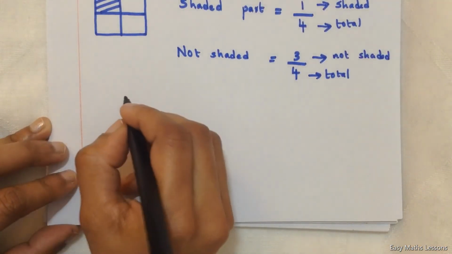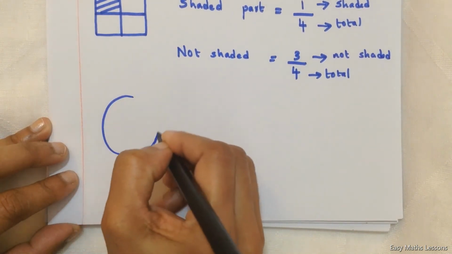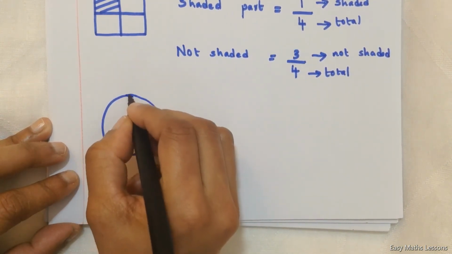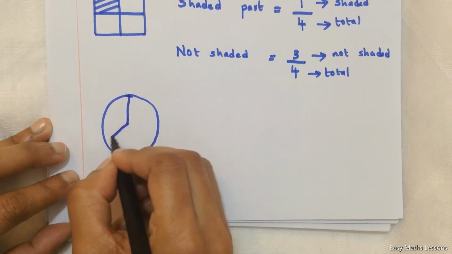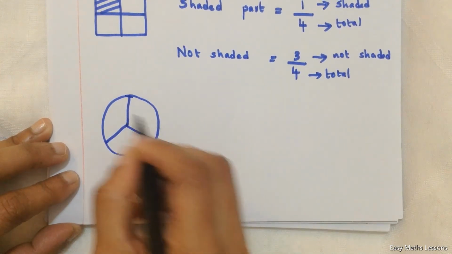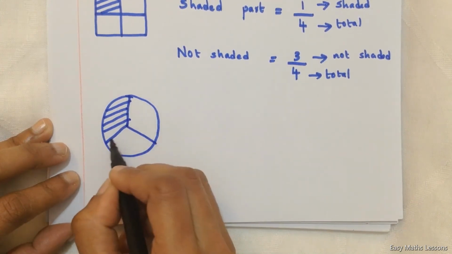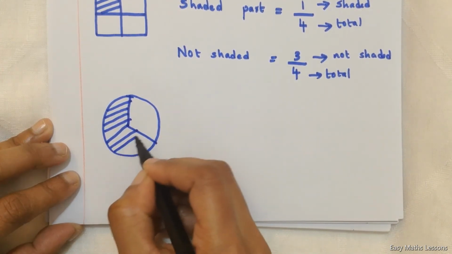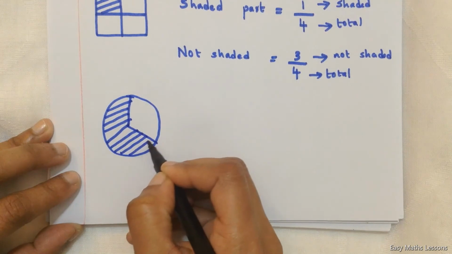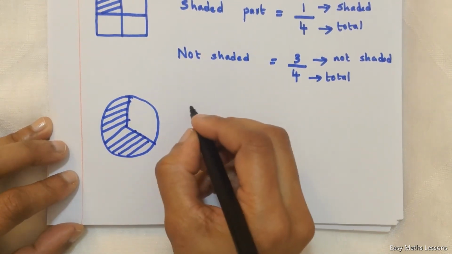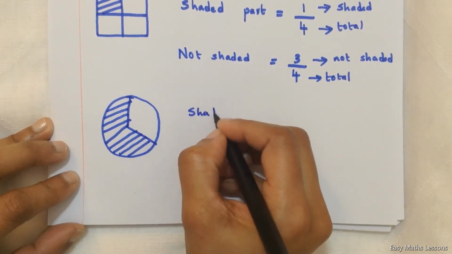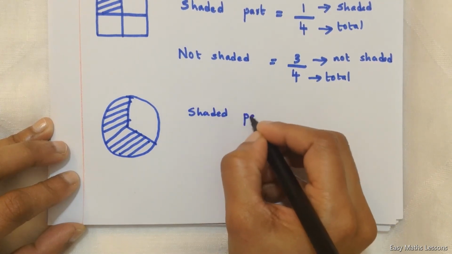Now, consider the example of a circle. I am dividing the circle equally into 3 parts and I am coloring 2 parts. Now, how can I indicate the shaded parts of the circle?